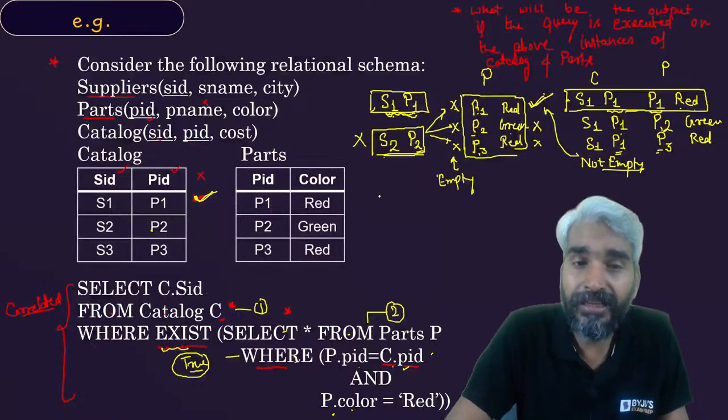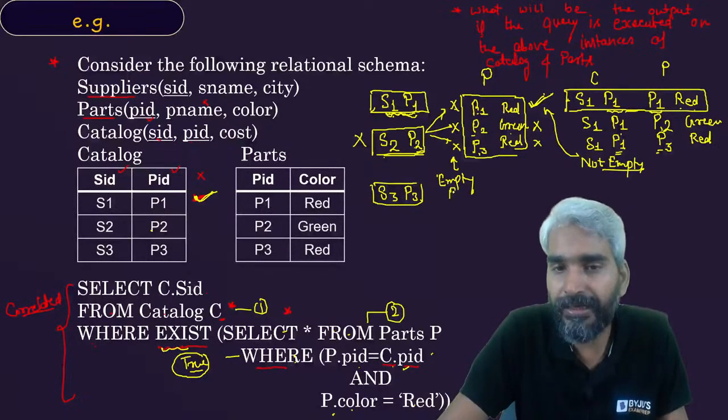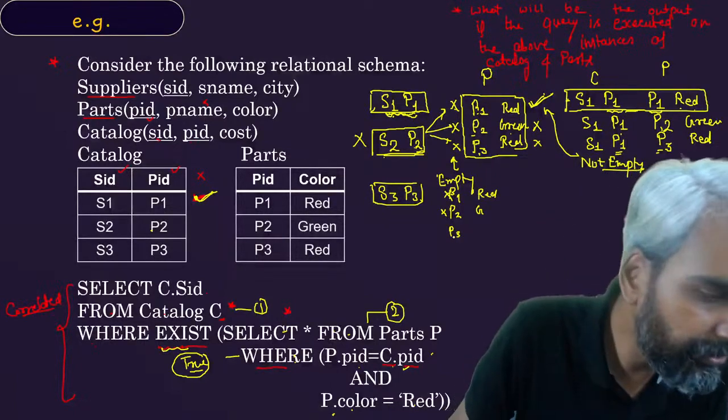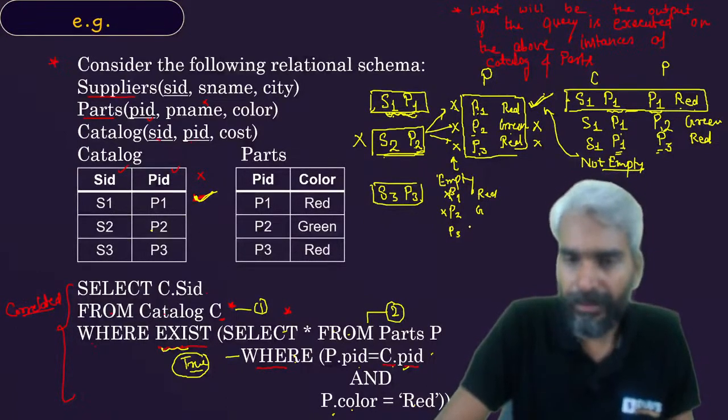Then you will have the third tuple, which is S3P3. With respect to this S3P3, P1 red will be false, P2 green will be false, but for this P3, you will eventually have red.